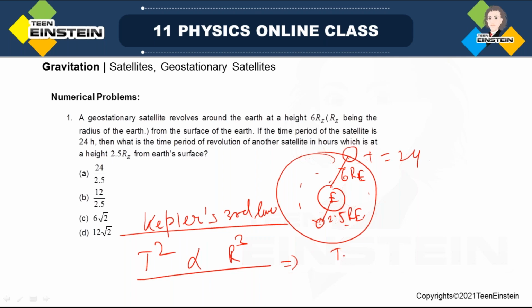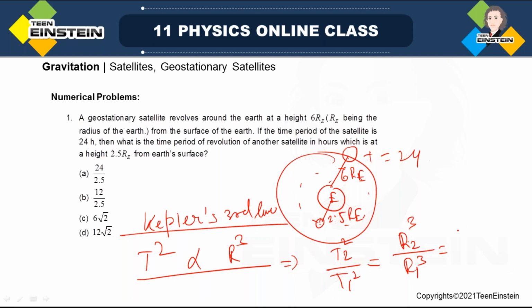Now from here we can write, suppose in the first case it is T1 and in the second T2: T2 square by T1 square is equal to R2 cube by R1 cube.